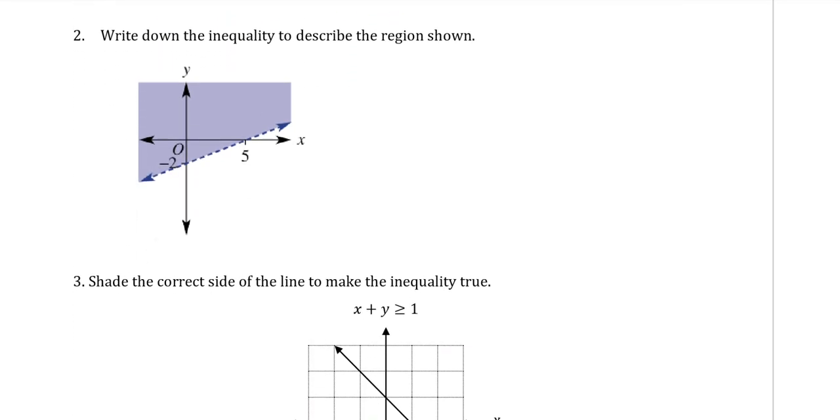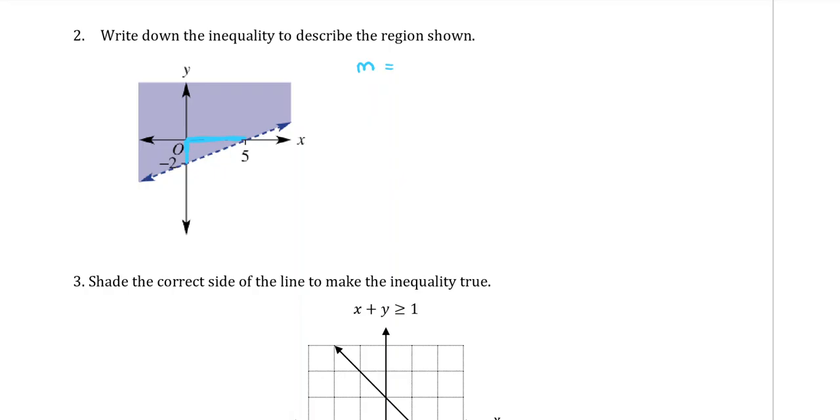Okay, question 2. We want to write down the inequality to describe the region shown. So first of all, I need to know the equation of this dotted line that we can see here. I'm going to find the gradient by doing the good old-fashioned rise over run.